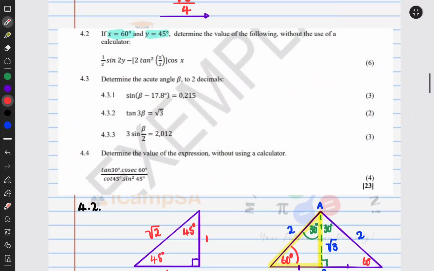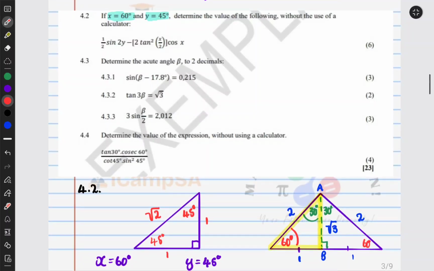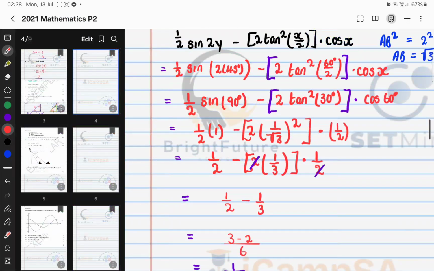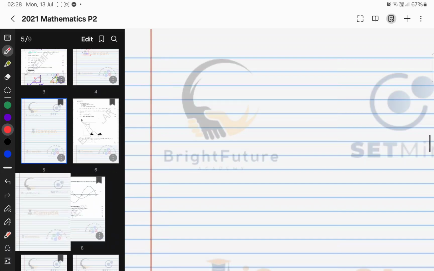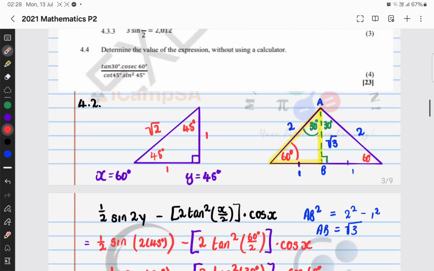Then let's come here to 4.3. Okay, let me copy this one again and also add a page again. Let's bring this one here and this one there.